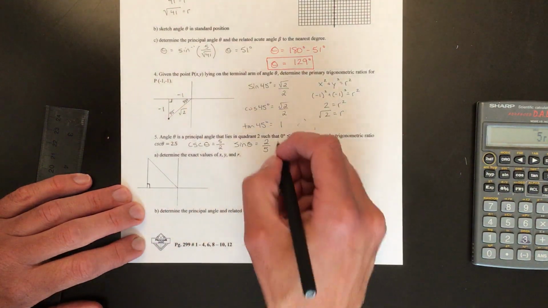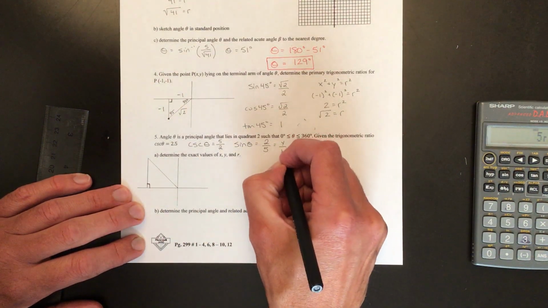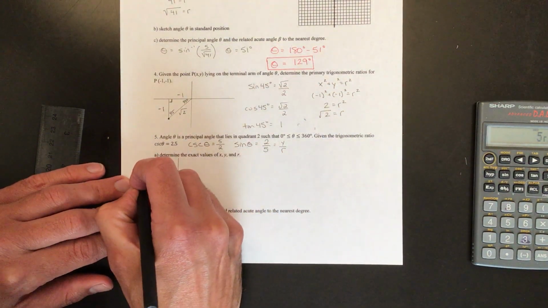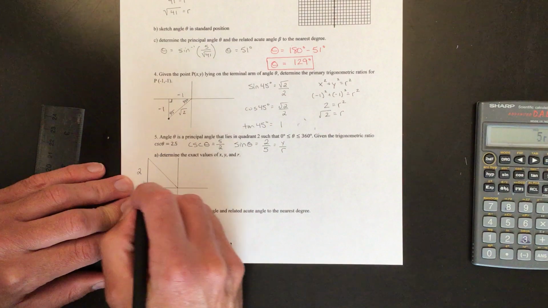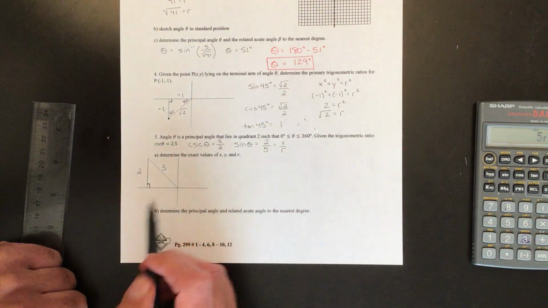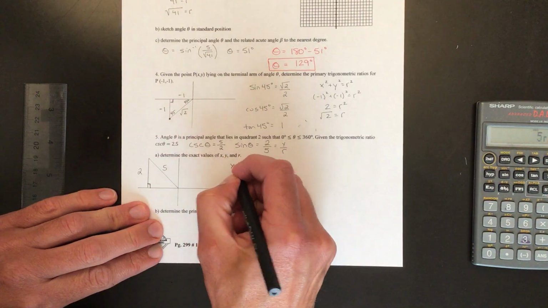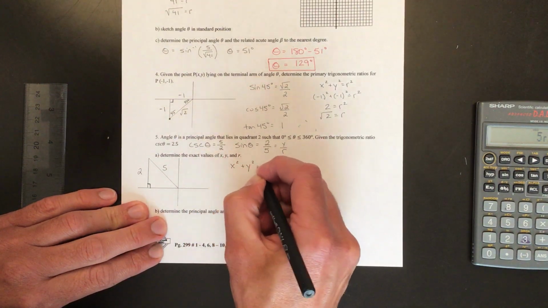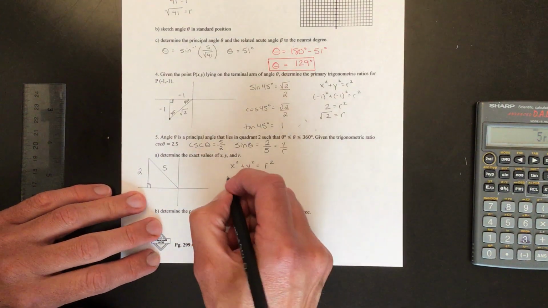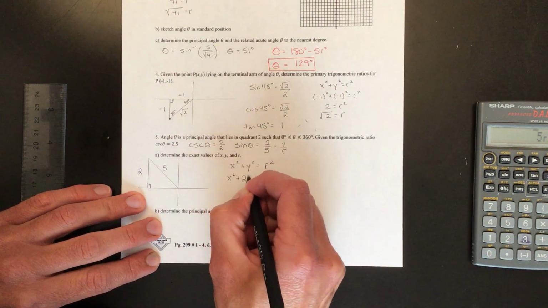And we know sine is equal to y over r. So my y value is 2, my r value is 5. I just need to determine my x. X squared plus y squared is equal to r squared. I want to find x.